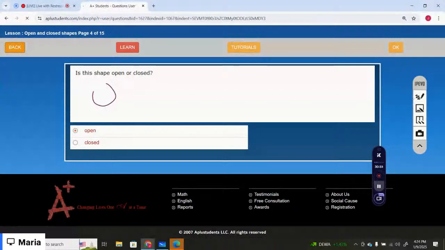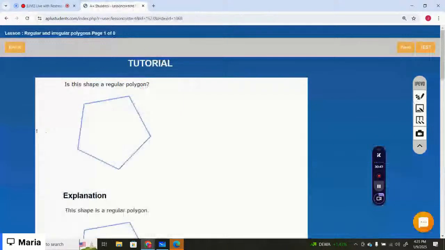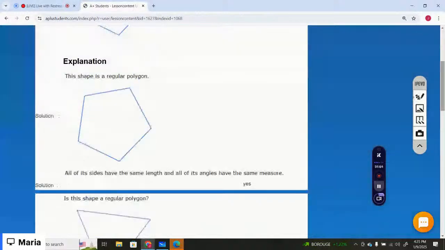The next lesson is regular and irregular polygons. Is this shape a regular polygon? Yes, it is. A regular polygon has all of its sides the same length and all angles the same measure.